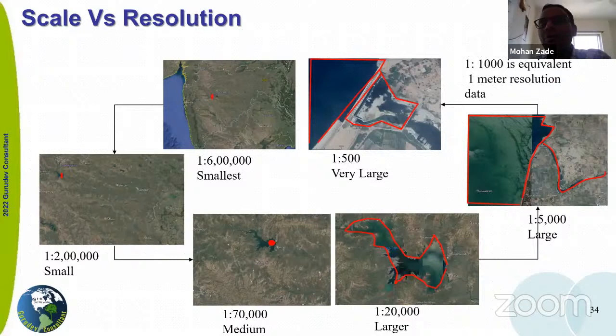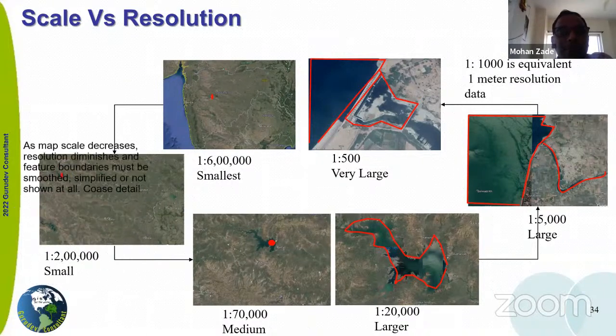So this is how it improves the accuracy of your observations as your resolution goes up. At the same time, your scale also goes very fine, very large. So it always depends on your project requirement. First, see your project requirement, whether you want mapping at the scale of 1:1000 or 1:10,000 or 1:20,000 or 5,000 and so on.